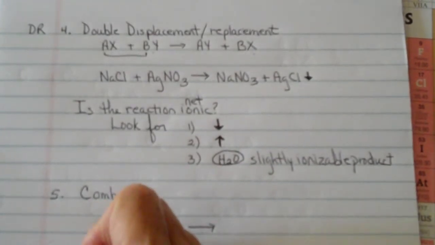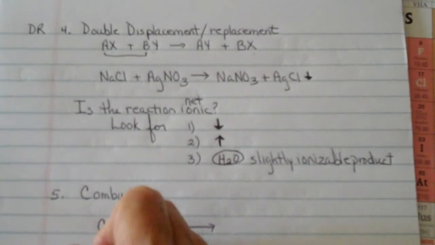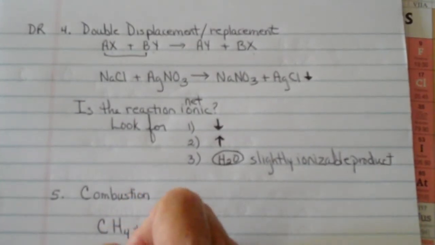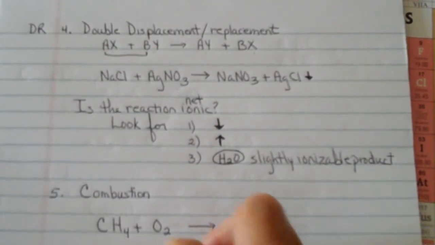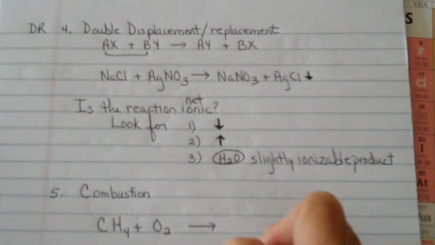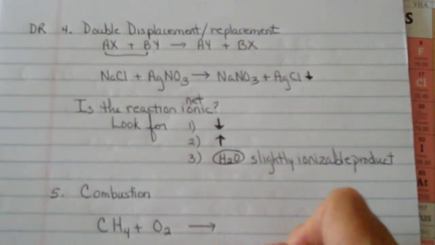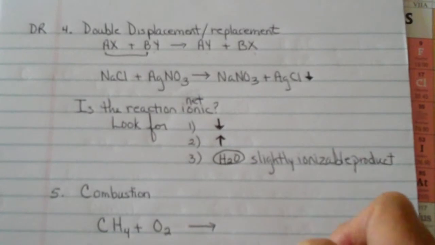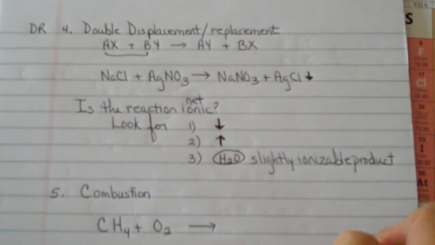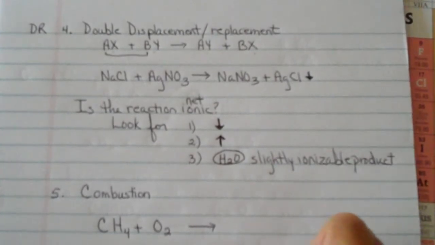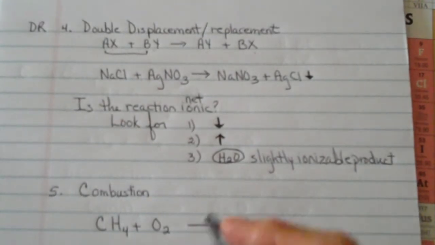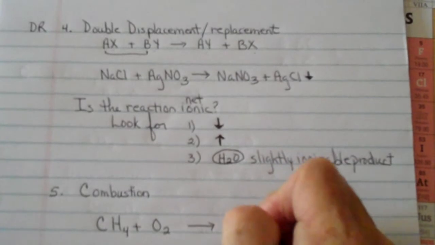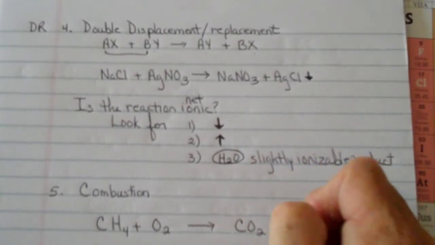This hydrocarbon will combine with oxygen and it will always produce carbon dioxide and water. As long as you have a sufficient amount of oxygen present, your products are always going to be carbon dioxide and water.